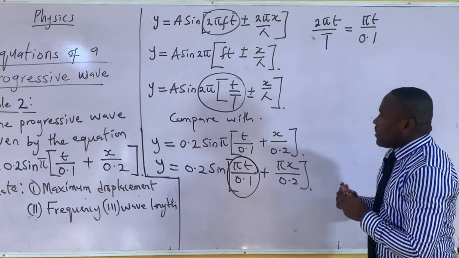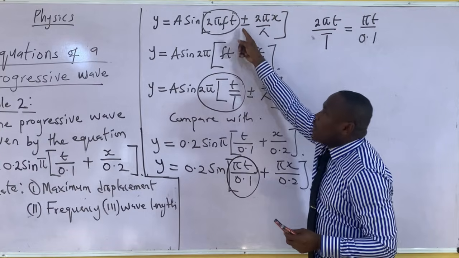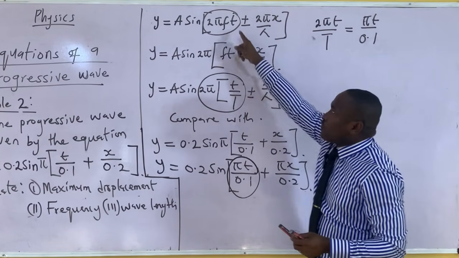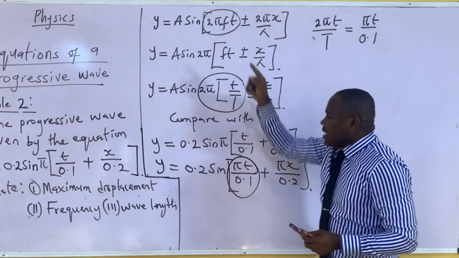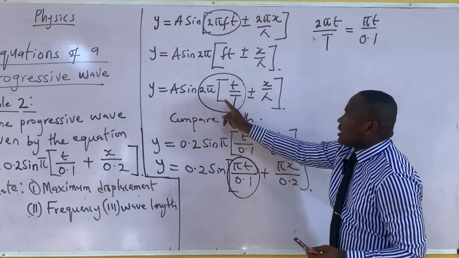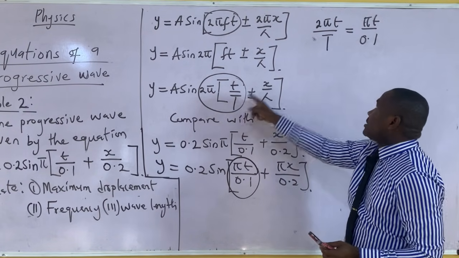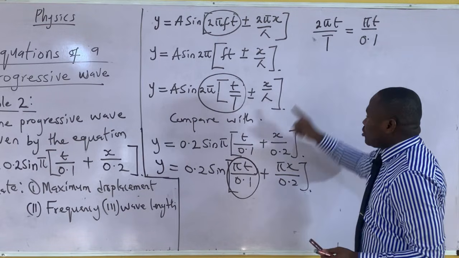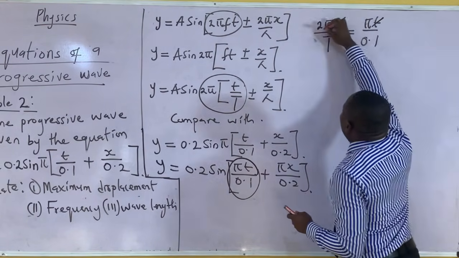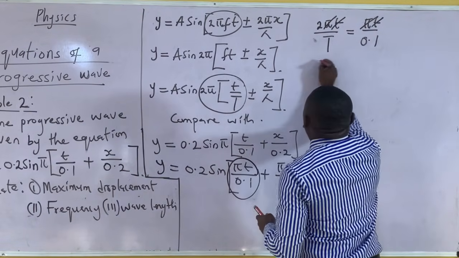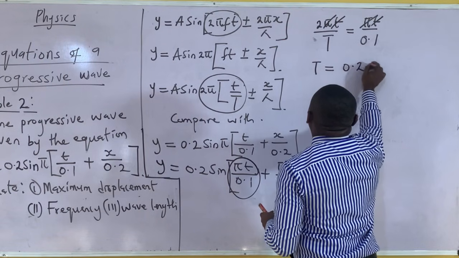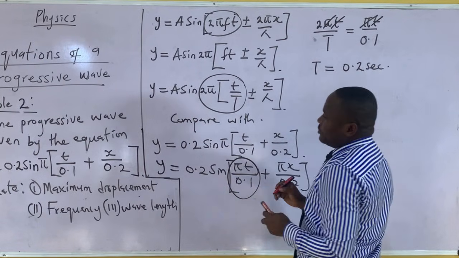I'm not comparing this with this because this and this look alike, although I can solve it with this, which I will show you in a moment. So this is the standard, 2 pi t over T is now equal to pi t over 0.1. If pi takes out pi, I will have my period equal to 0.2 seconds. That becomes my period.